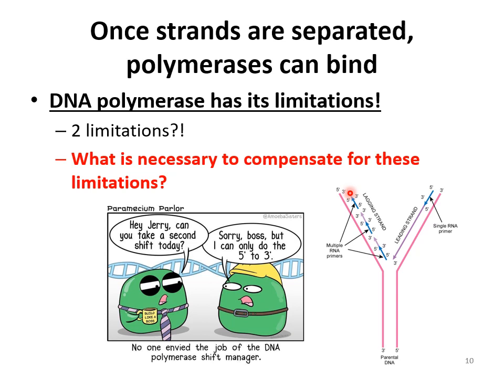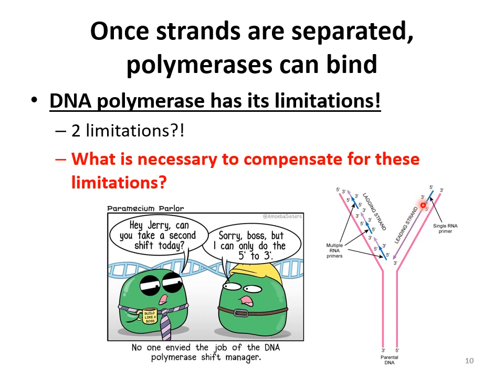And to compensate for those limitations, what you need is called primase. Primase is a special RNA polymerase that will make these little blue segments here. Those are RNA primers. And we said primase is RNA polymerase, meaning that it's going to put RNA bases at the beginning here. Once the primase has made that little primer, now the DNA polymerase has something to attach the new bases to.